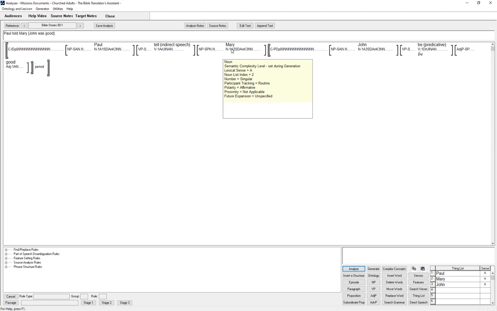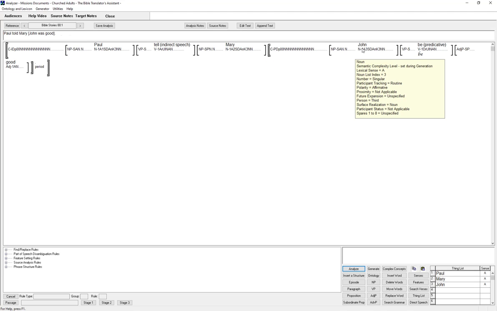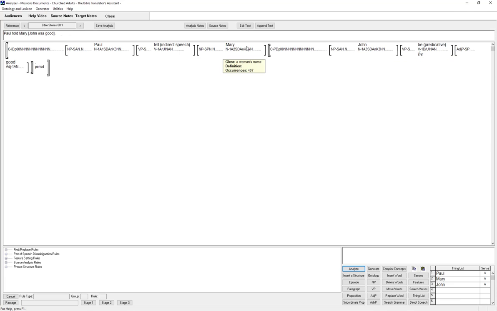Okay, Paul told Mary, John, indirect speech. So it comes out the same. In this case, it didn't matter. You could have the that or not.